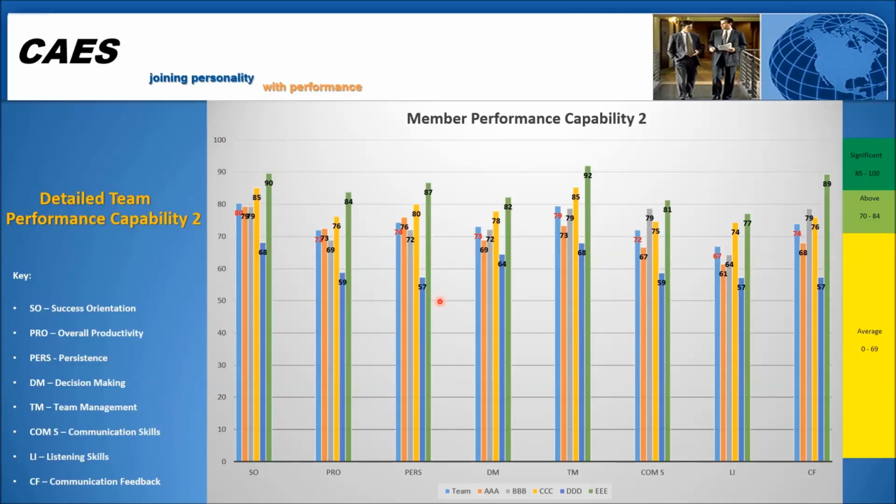As well, when we look at listening skills, which we identified as a perhaps area for development, we can see that of the 5 members, really 3 would benefit from some sort of coaching or program in listening skills, and that it may not be as helpful to team members C and E. That being said, everybody can always benefit from developmental programs.